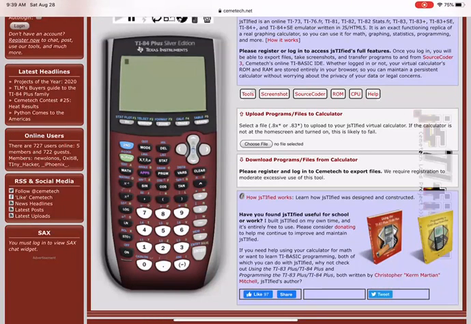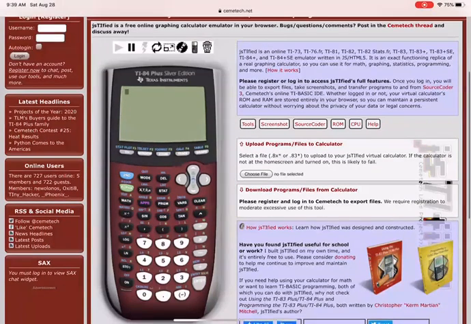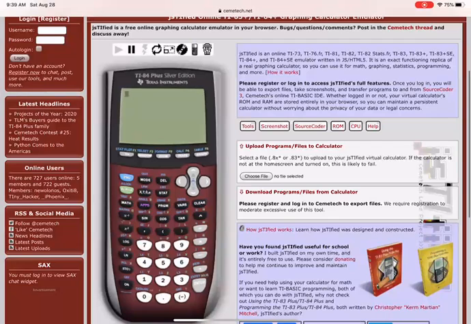Okay, so how to graph. The very first step is to enter the equation.